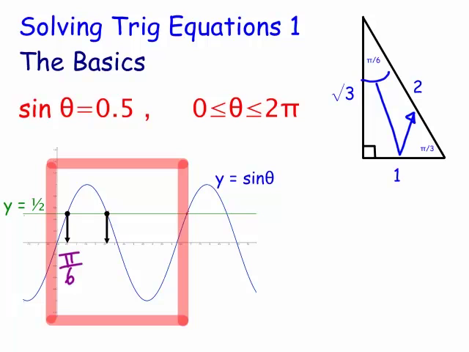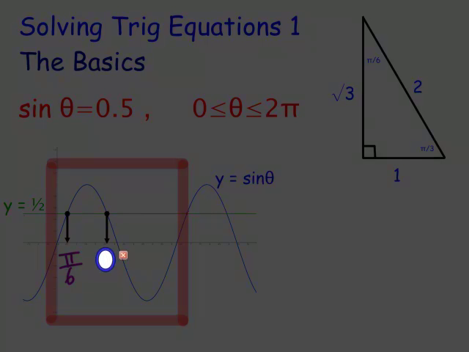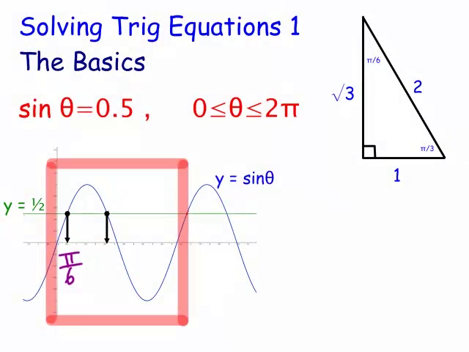The sine of that particular angle, in the top corner of the 60-30 set square, is 30 degrees. So what is the other angle? There's another value here, which is also a solution to where a half equals the sine theta graph.